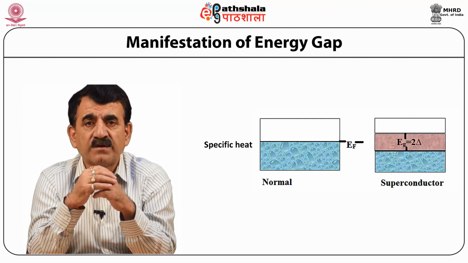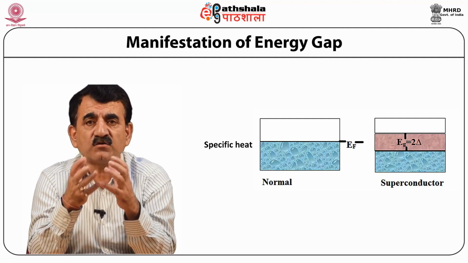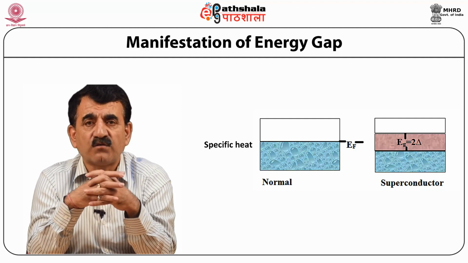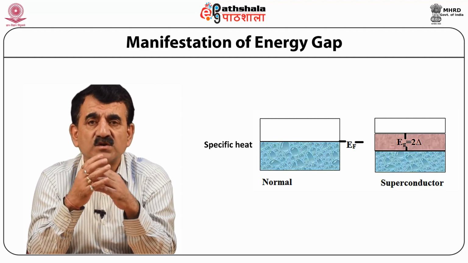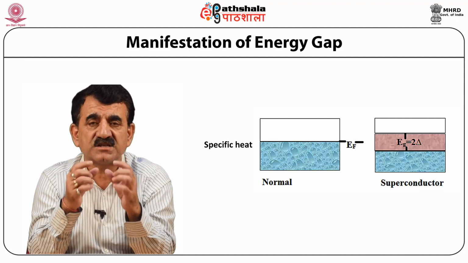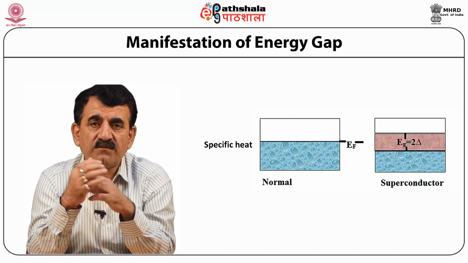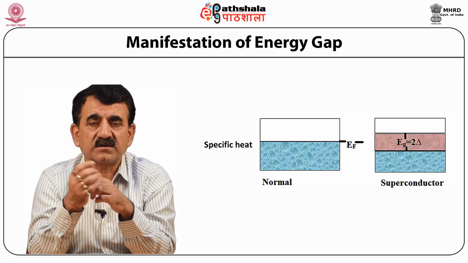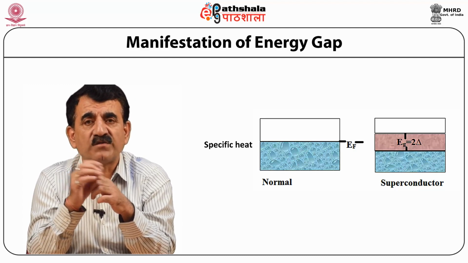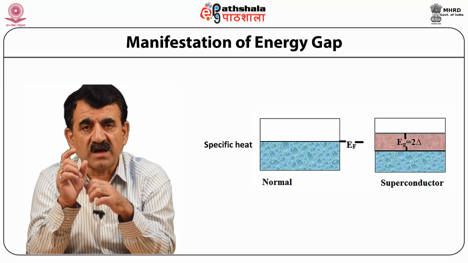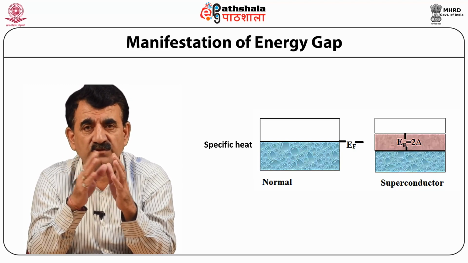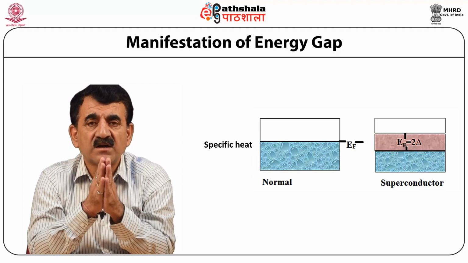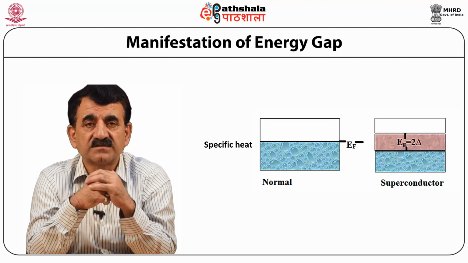If we want to absorb some suitable kind of photon, then it has to cross this energy gap. Or if we want to emit a photon, then it should have this amount of energy, the energy gap which exists at the superconducting state.